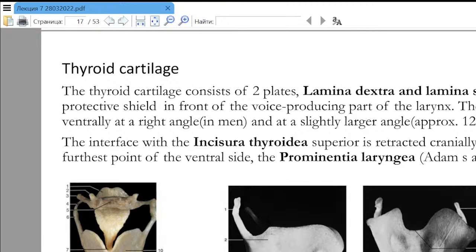The incisura thyroidea superior is retracted cranially, and goes up to the foremost point of the ventral side, the prominentia laryngea, Adam's apple.